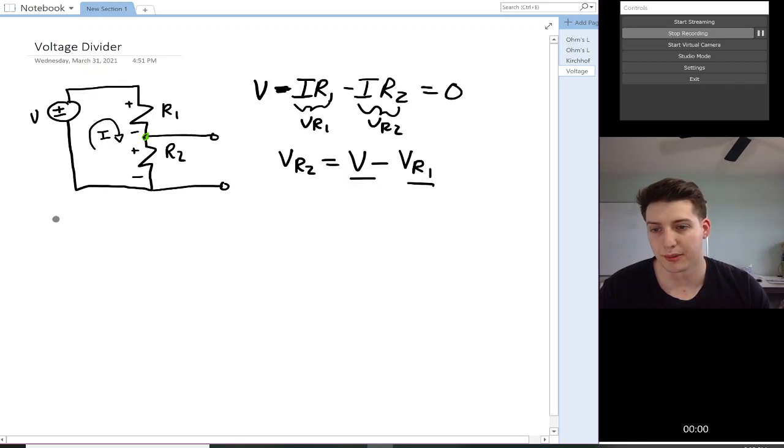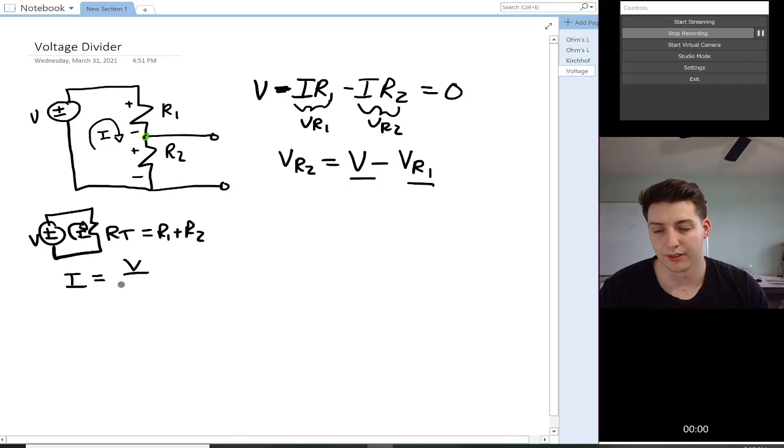We know that we would have something that looks like this, where R_T is equal to R1 plus R2. So we can say I is equal to V over R1 plus R2.